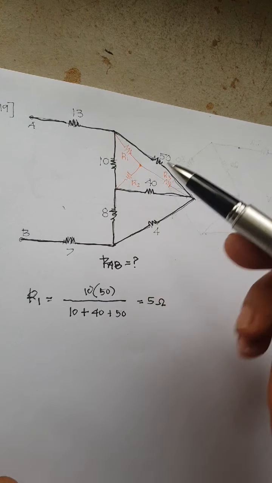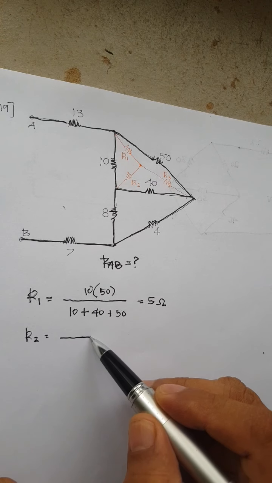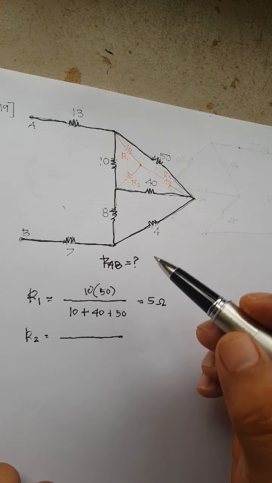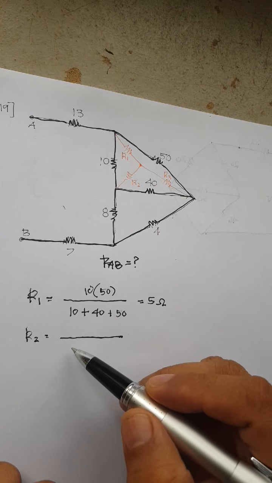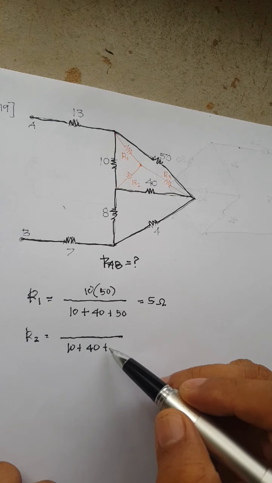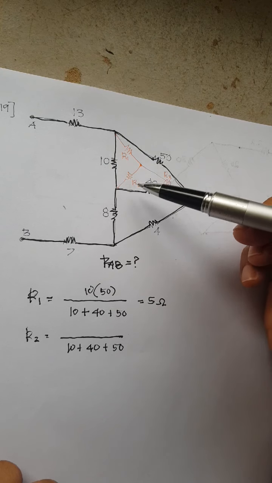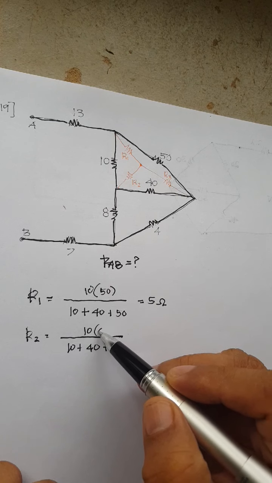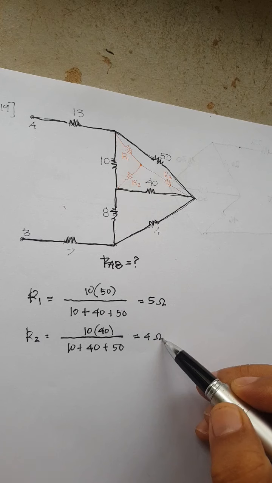And then we get now the R2. So what is important here is we get to be correct in our entry on the numerator, because the denominator is just the same, 10 plus 40 plus 50. So what are the resistors that enclose our R2? That is 10 and 40. So this is 10 times 40. So the answer here is 4 ohms.